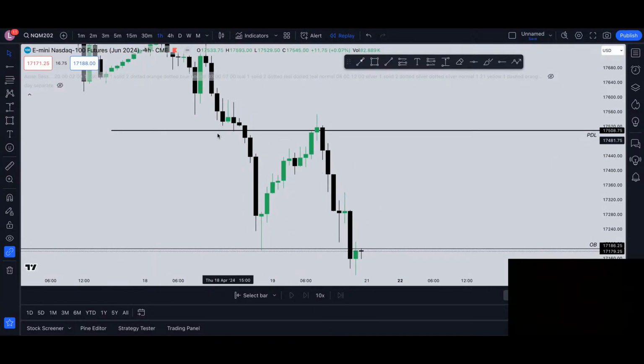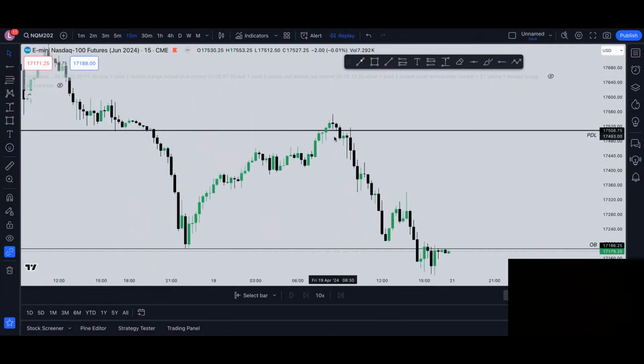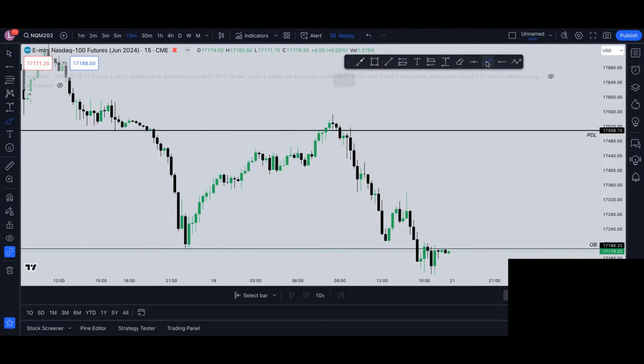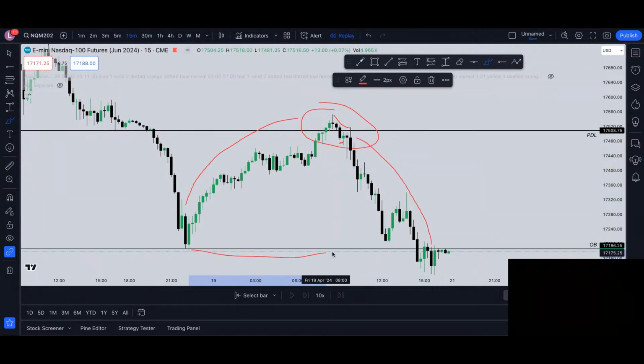For the Friday, what I see before AM session in the London and Asia session, they rally up, created up the buy side of the curve, smart money reversal, SMT, market structure shift, then completed the whole model till the sell side.